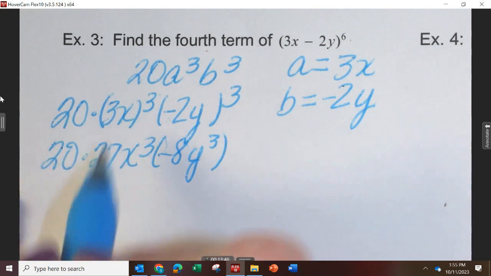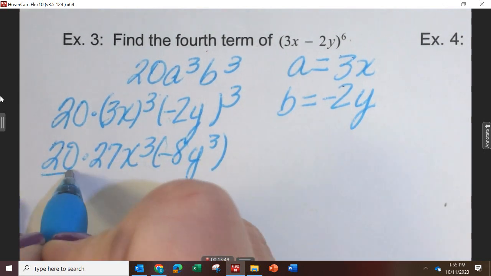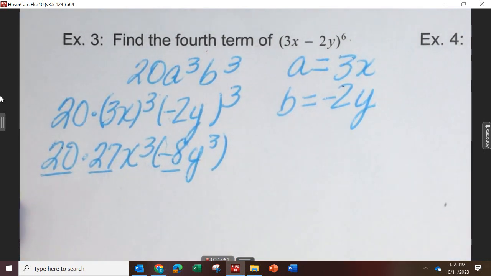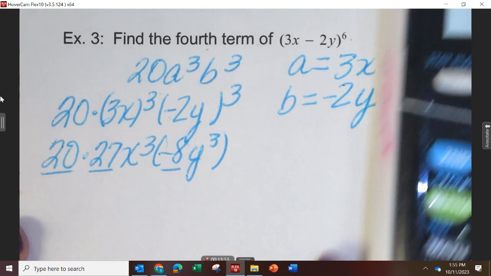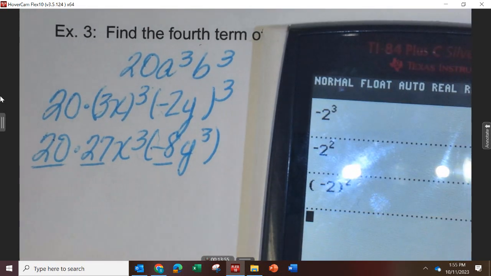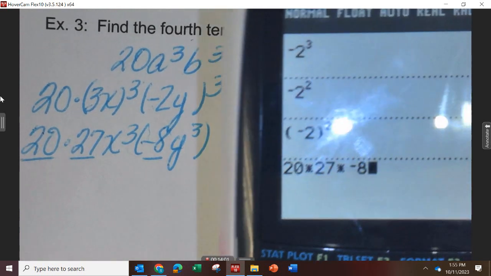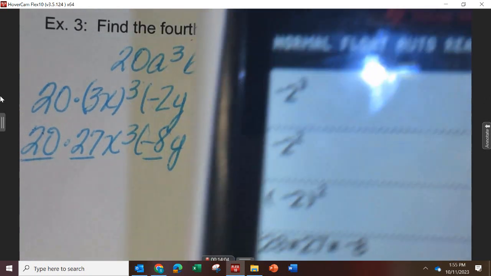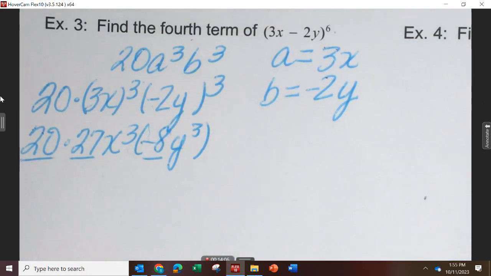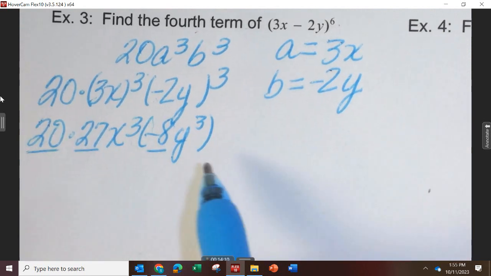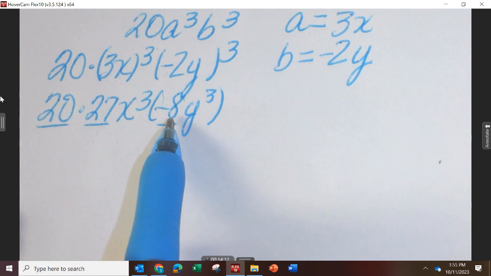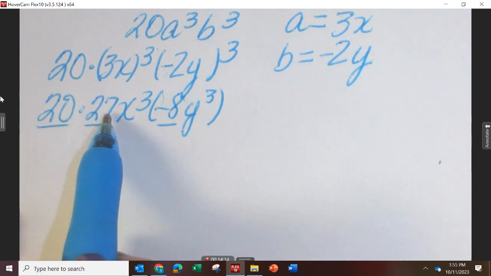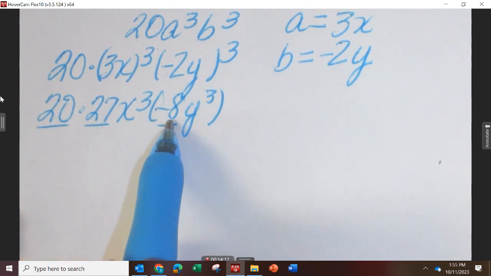Okay, now I have to multiply this all together. I have to multiply this times this times this. Okay, so let's do that. I'll just use a calculator. This would be on the calculator part of your test. Another big mistake I see people make is they multiply these and they think they're subtracting this.